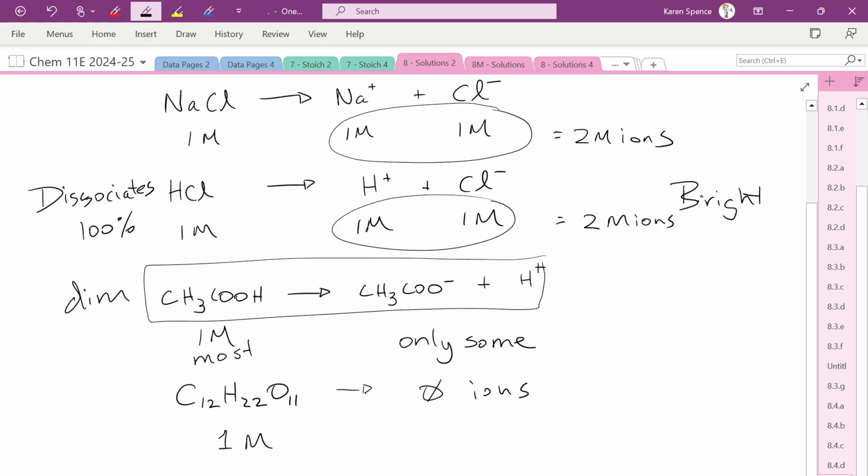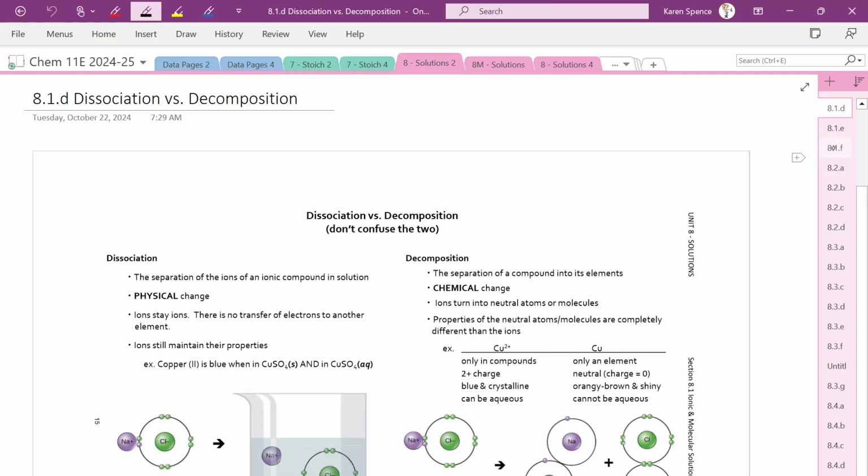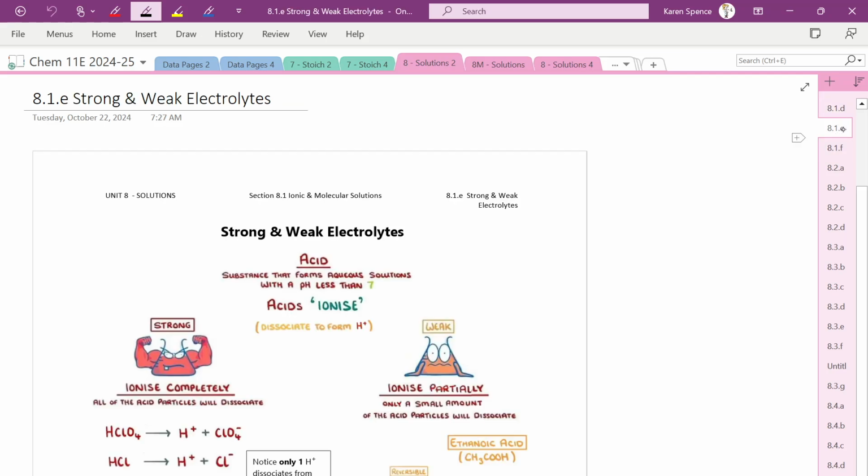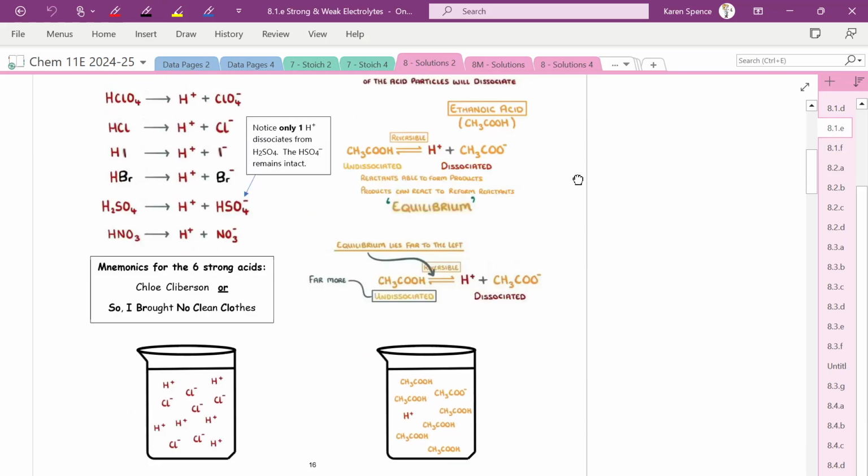This year, you only need to know that it exists. So we would call this kind of substance a weak electrolyte, not a strong electrolyte. And we don't even need to write this down, because if we go to 8.1, is it D? No, E. 8.1E on page 16.